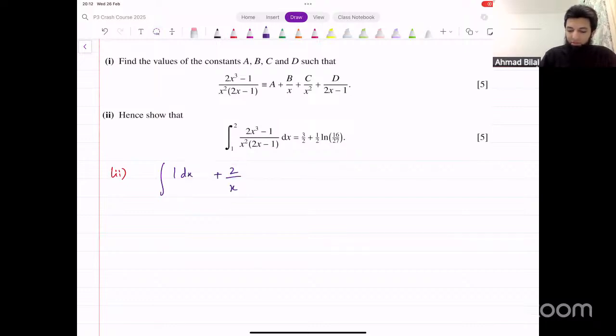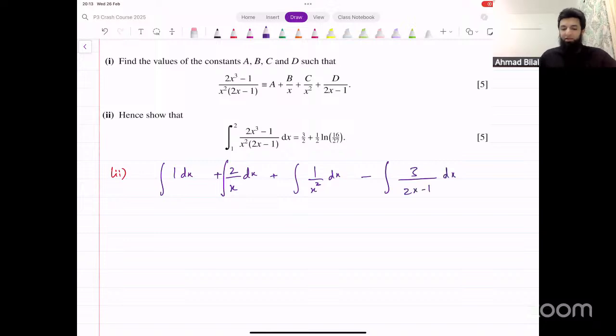Integrate 1, integrate 2 over x with respect to x, and then you have 1 again. So you integrate 1 over x squared with respect to x, and then -3 over 2x minus 1 with respect to x.